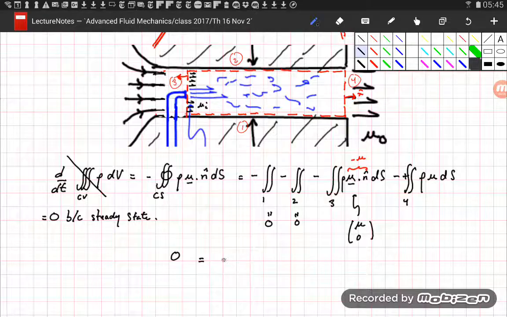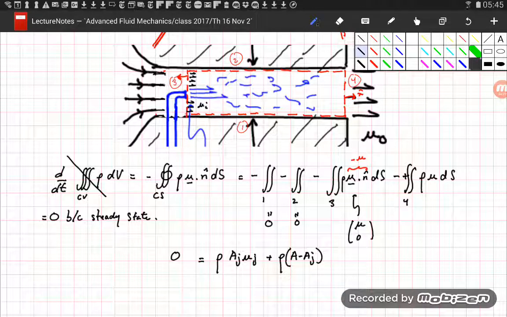So we're going to have rho times, over the surface of the jet, the velocity uj, and then plus rho times (A minus Aj) times u inlet.